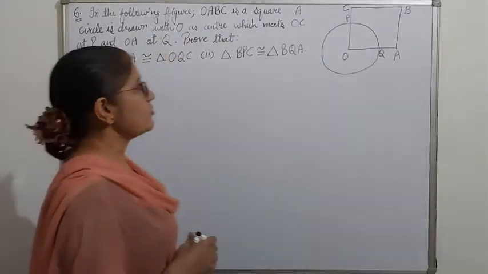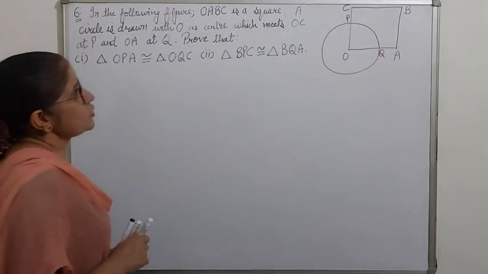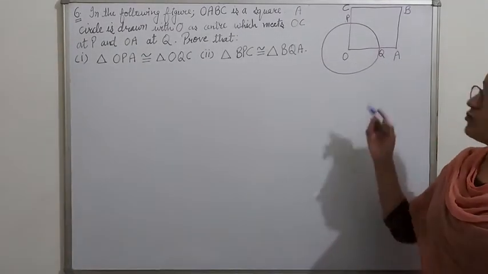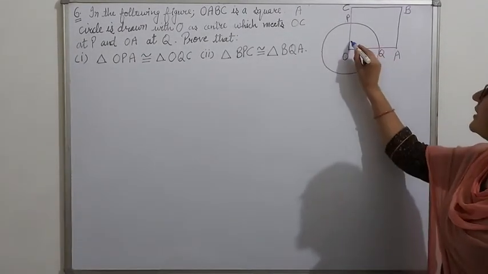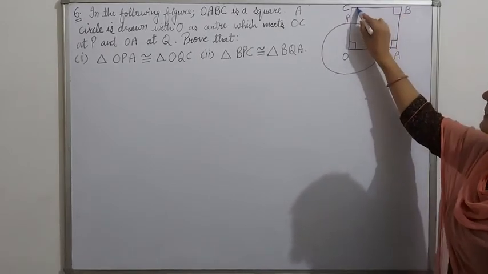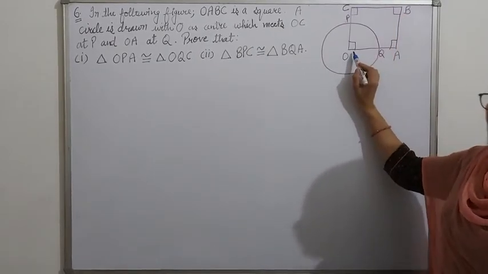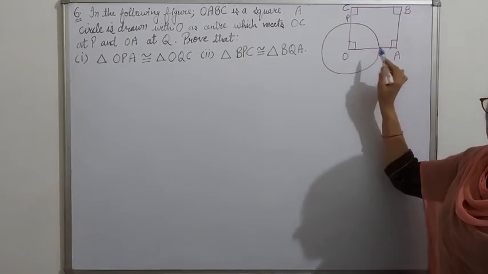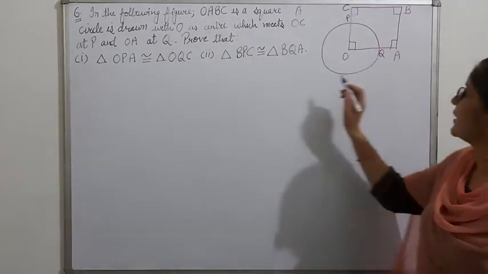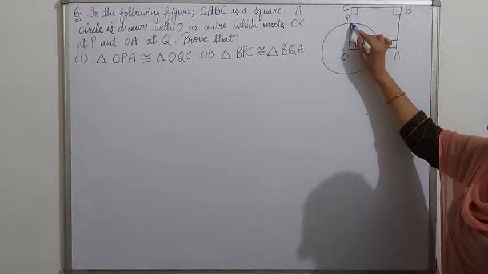Now, the sixth question. In this one, a square OABC is given. In a square, all four sides are equal and each angle is 90. So here you can mark 90. Using one vertex O, a circle is drawn. And you have to prove triangle OPA and triangle OQC congruent.